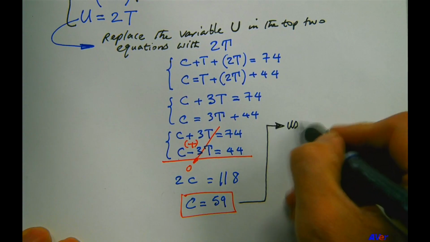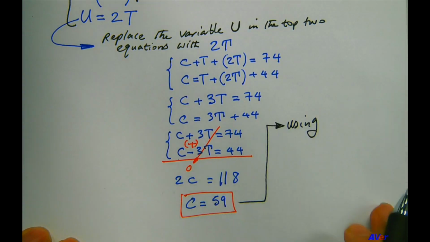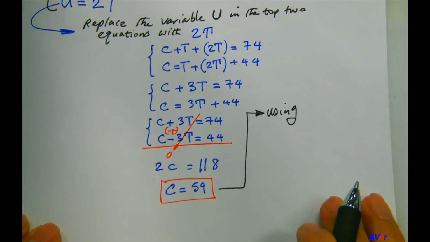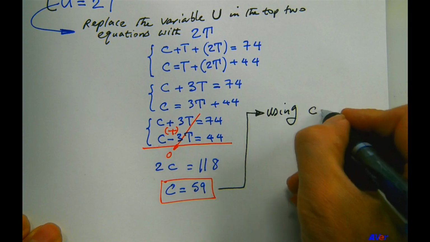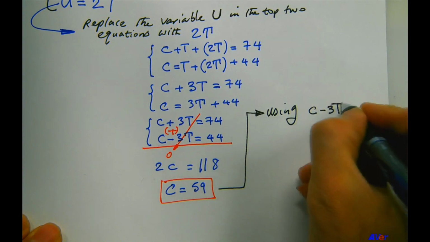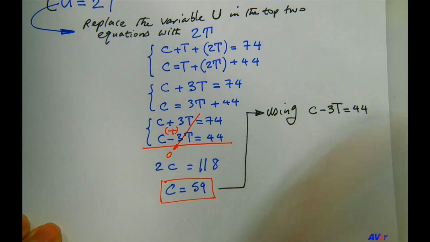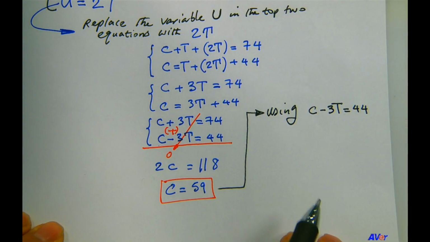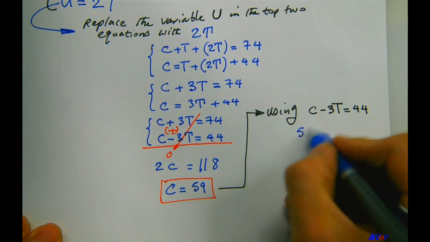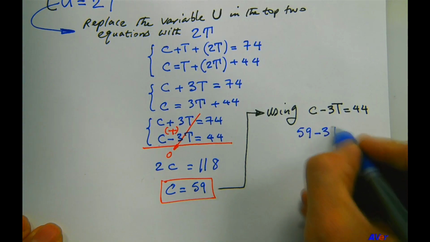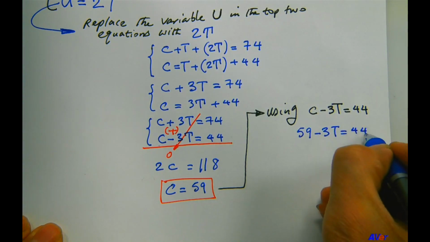So using this equation, using c minus 3t equals 44, right? Let's plug in for c with 59. We have 59 minus 3t equals 44.